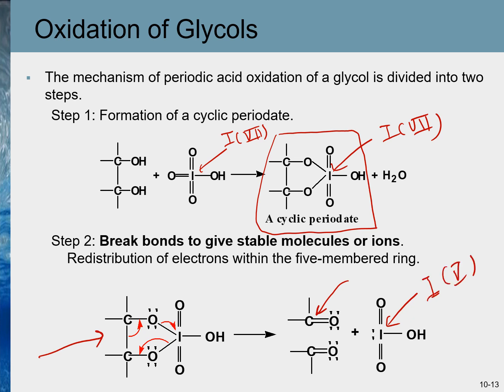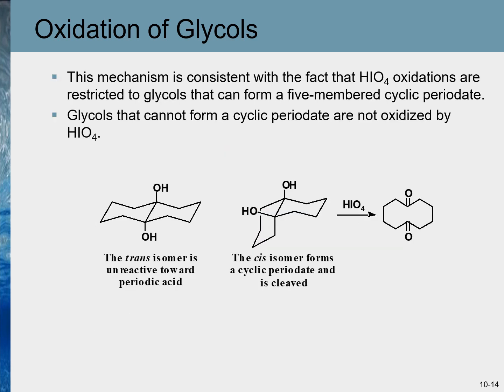So therefore, there is a reduction in iodine, and that means oxidation has taken place in the other substance, which was glycol. This mechanism is consistent with the fact that periodic acid oxidations are restricted to glycols that can form 5-membered cyclic periodate. Any glycol that cannot form such cyclic periodate is not oxidized by periodic acid.